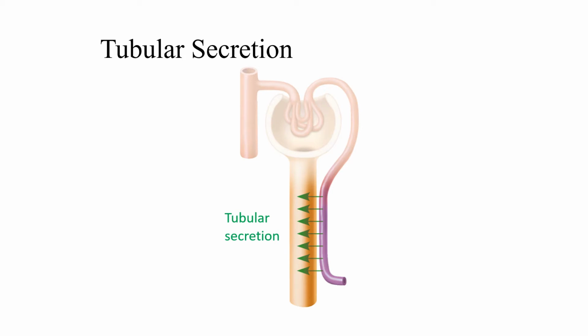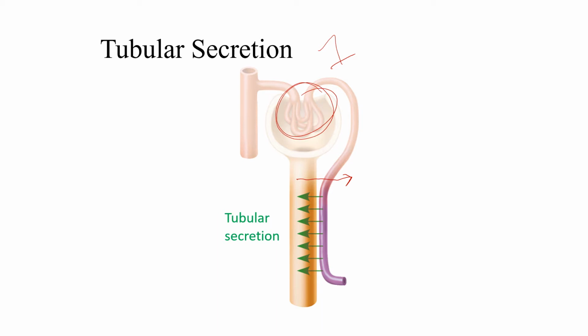So this is step 3, and we see here that step 1 takes place in the glomerulus. Step 2 then is going to be the movement of solutes in water, etc., out into the interstitial space and into the peritubular capillaries.